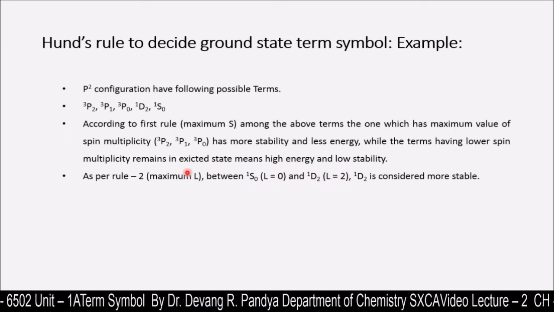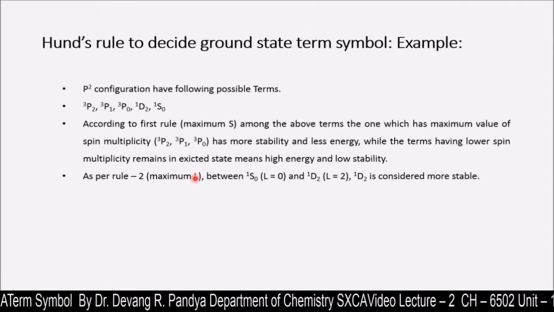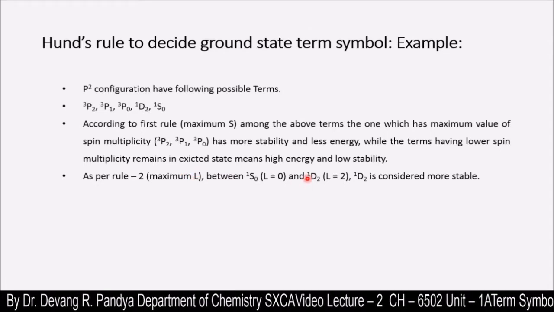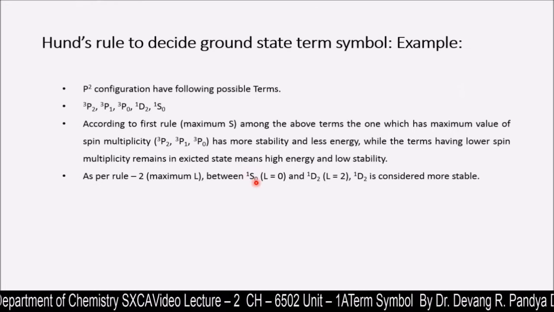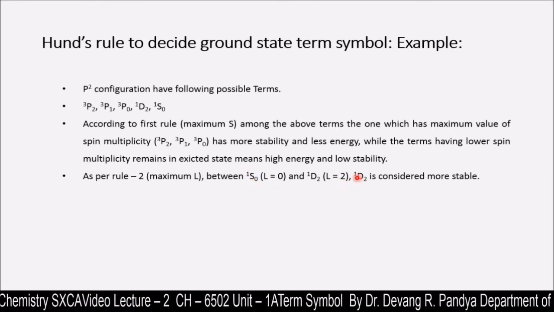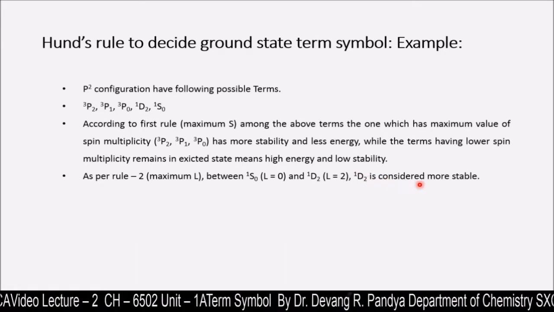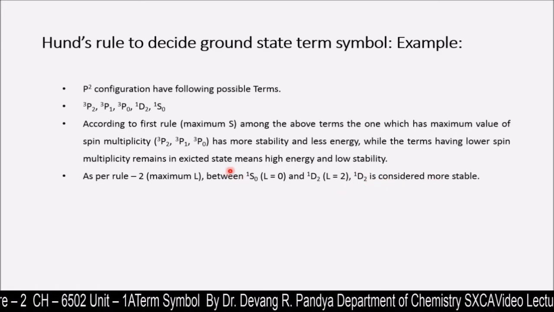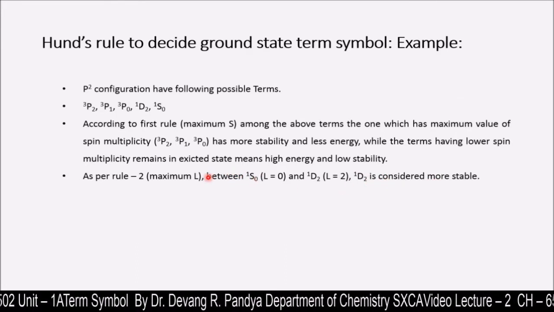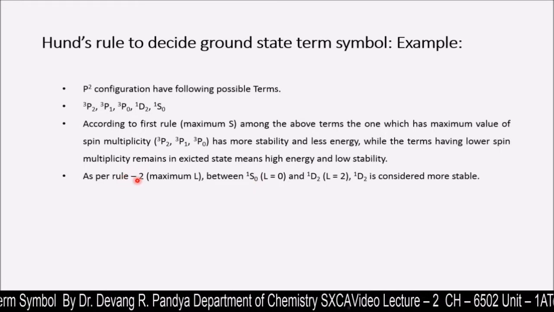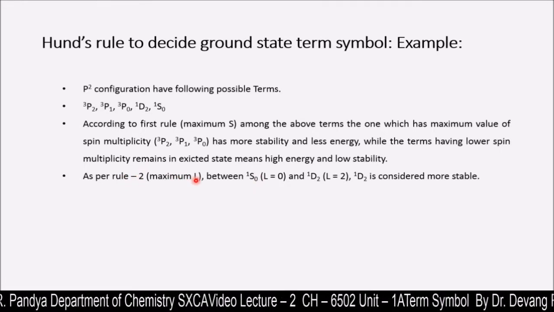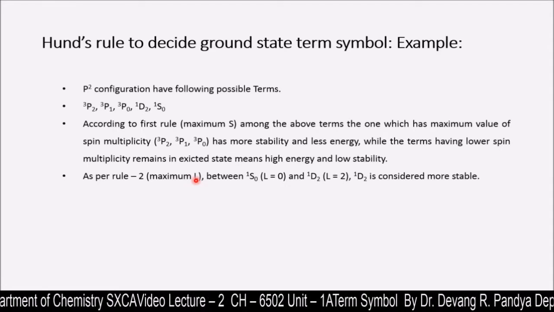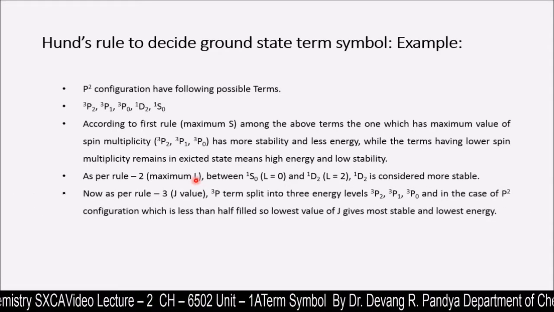So here the maximum value of L gives more stability. That means singlet D gives more stability compared to singlet S. So singlet D2 is considered more stable compared to singlet S0 using this second rule, where the maximum value of the resultant orbital angular momentum quantum number L decides that.